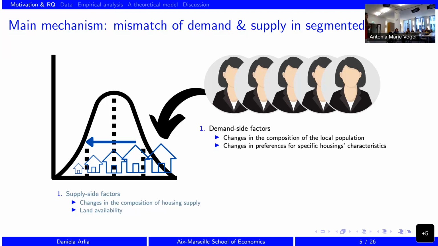That's the logic of the mechanism I want to study. I know there are also supply side factors that so far I'm not taking completely into account in my analysis, in particular changes in the composition and availability of housing supply and land availability.